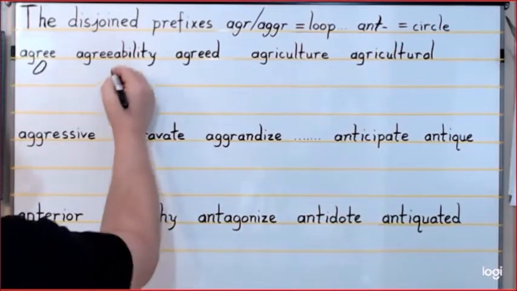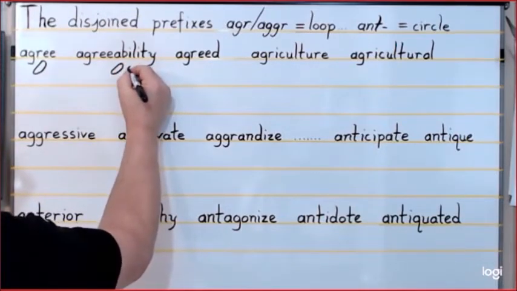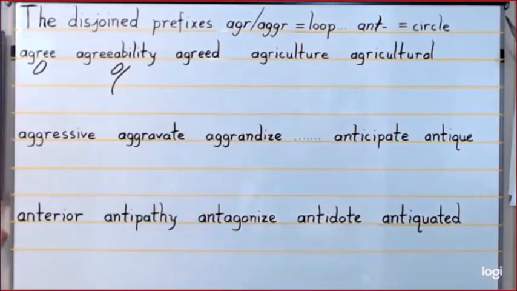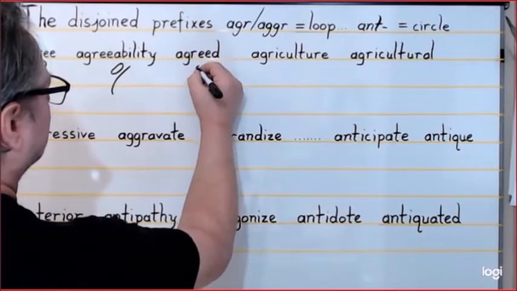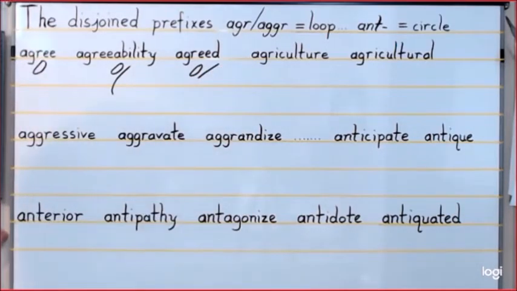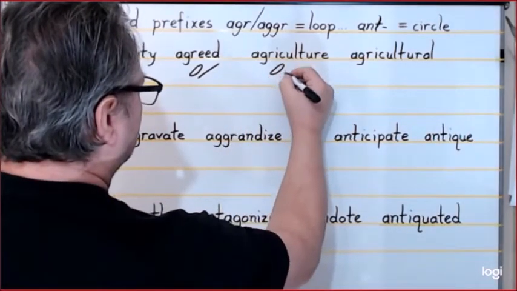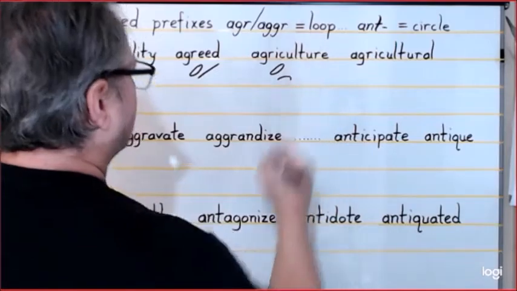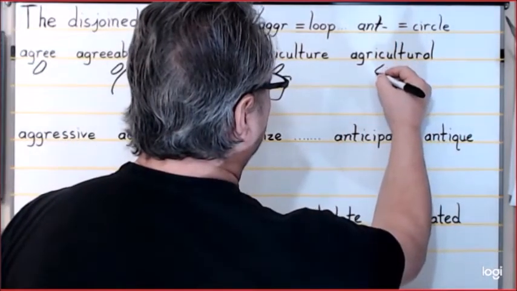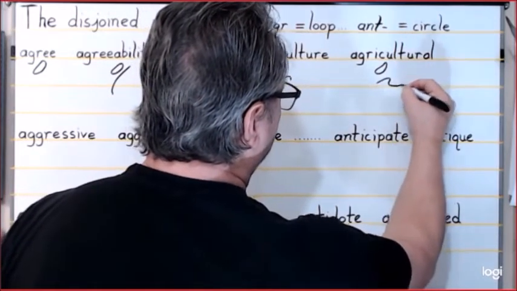For agreeability, it is a loop and then a separated B for the ability at the end. Agreed is the loop and then a D separate. Agriculture is the loop with a separate K. Agricultural is the loop again, and then the C for the K, and then the L.